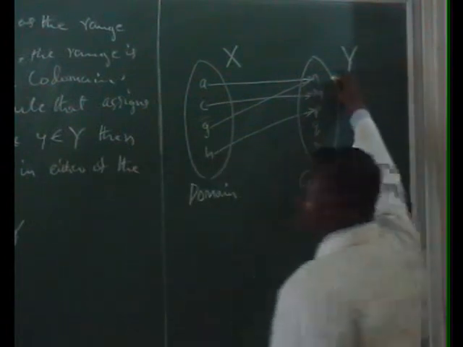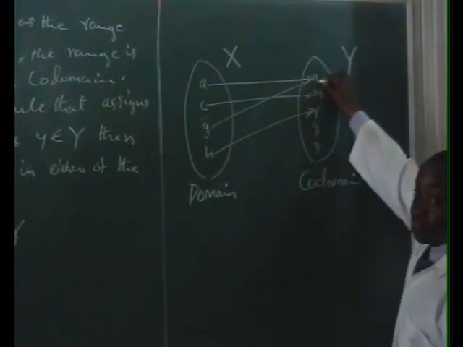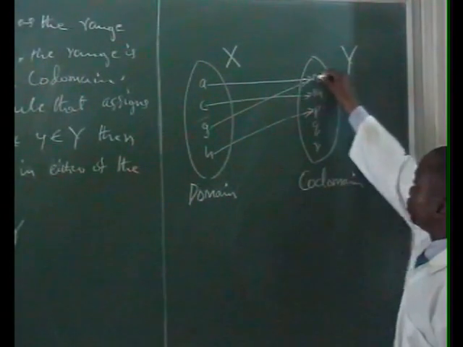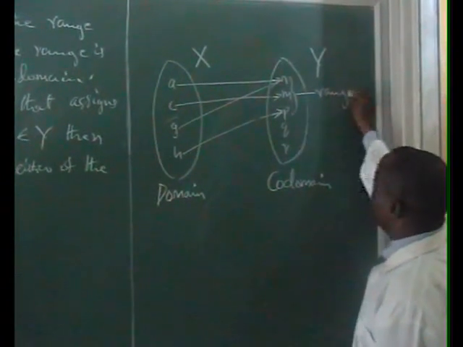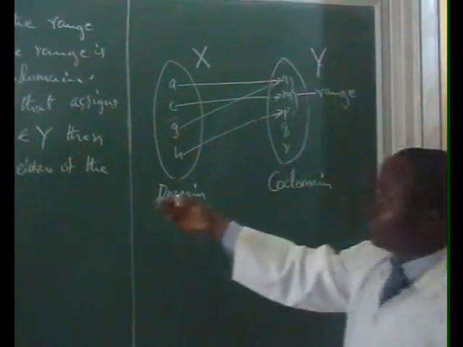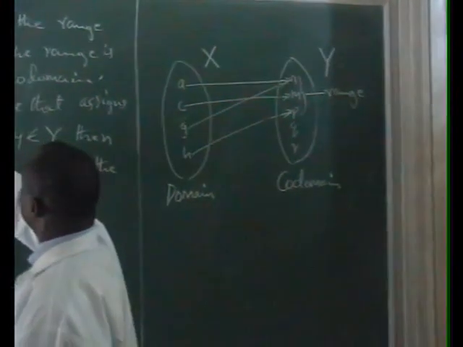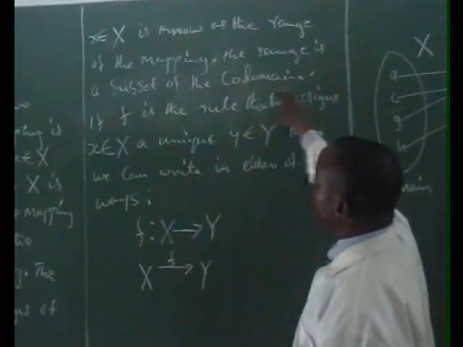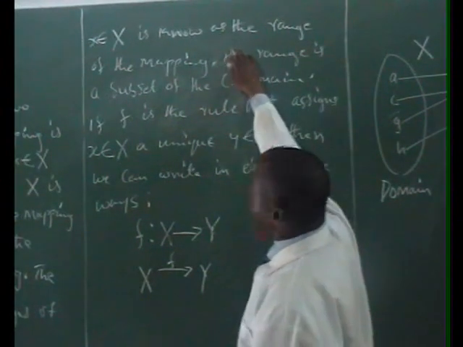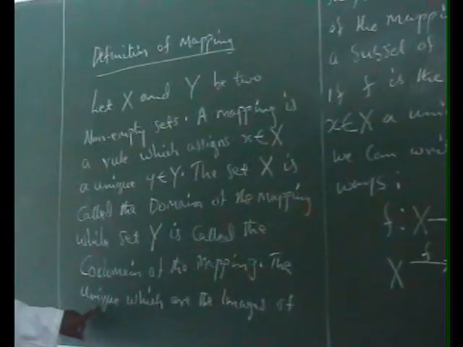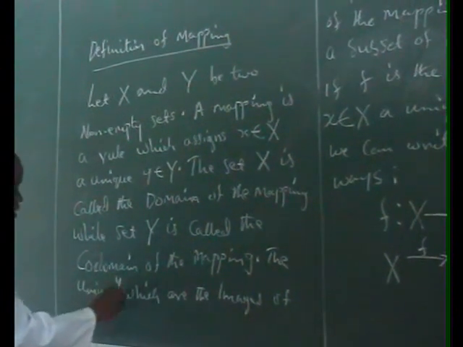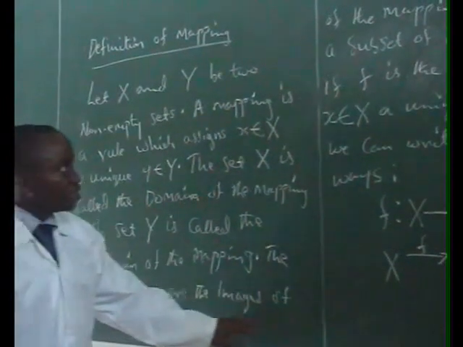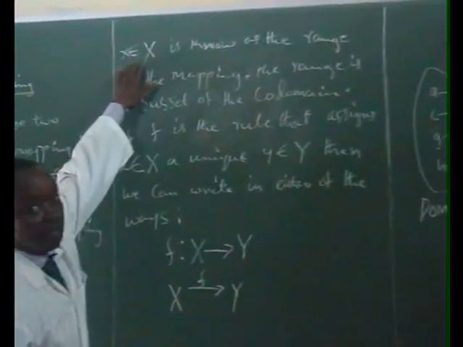Now, the collection of these images, these elements that are assigned to, is called the range. This is what we call the range. And from our definition, the unique Y, which are the images of X, element of X, that's what we are talking about.